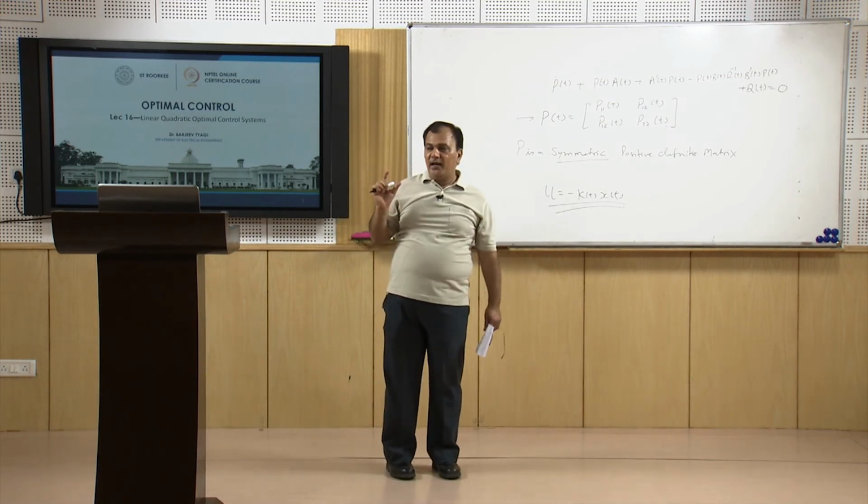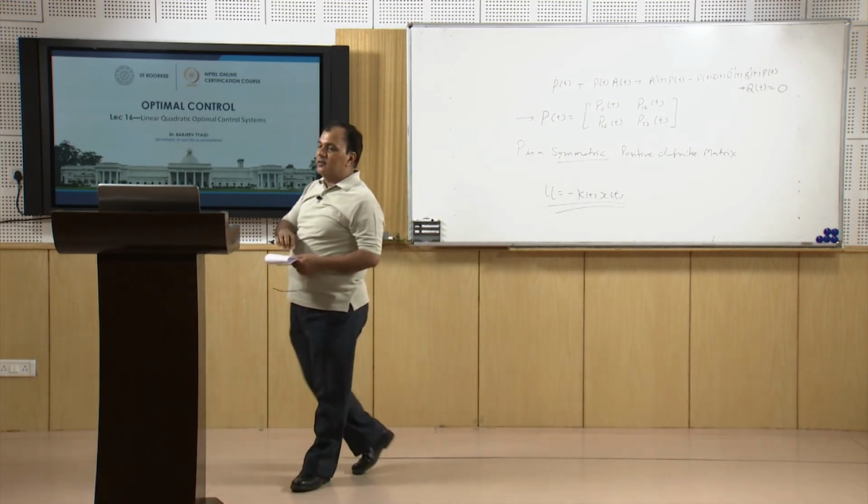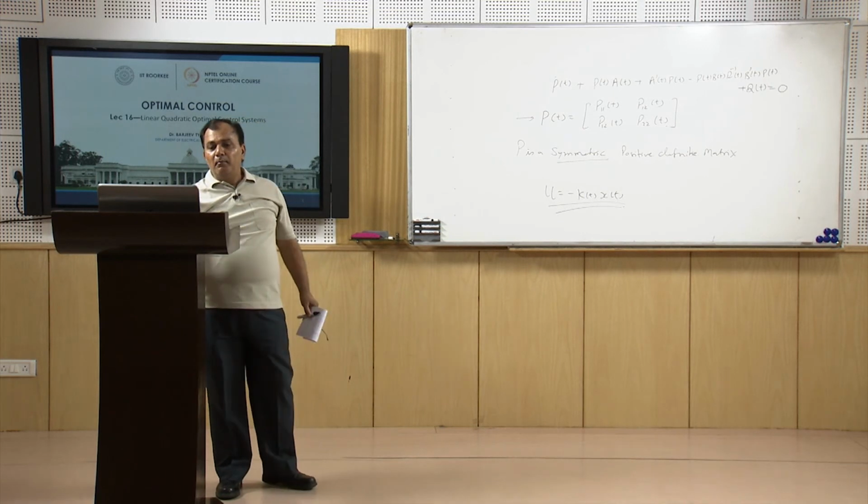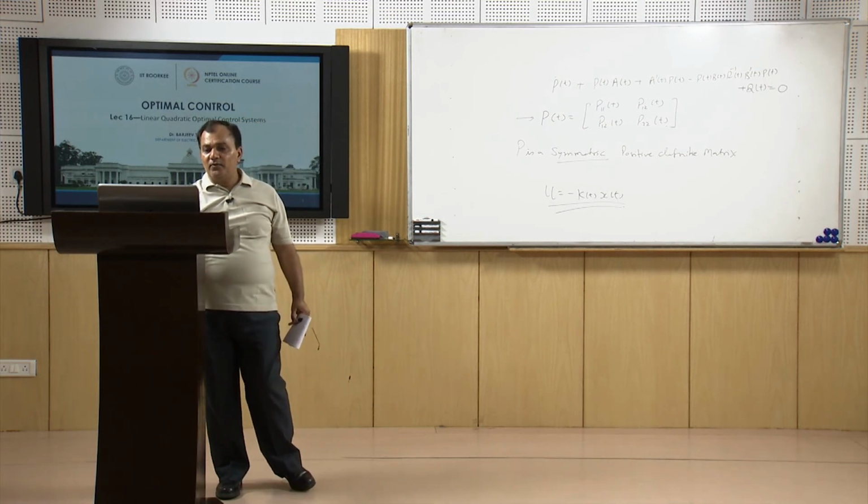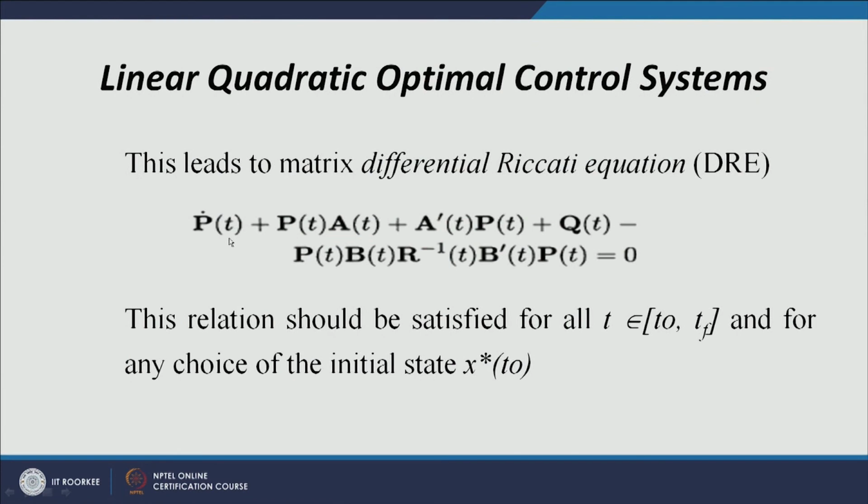If tf is finite, then we have to solve the matrix differential Riccati equation to find the value of P, and once P is known we can find out u.